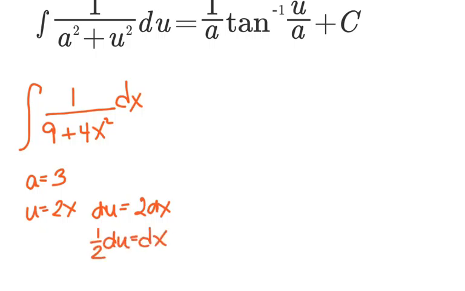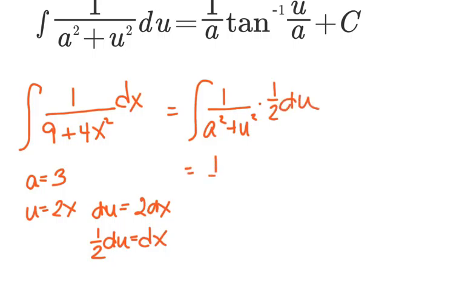But as long as we do that, this turns into 1 over a squared plus u squared times the 1/2 du. And the 1/2 comes out front. So that's 1/2 times the integral of 1 over a squared plus u squared du.